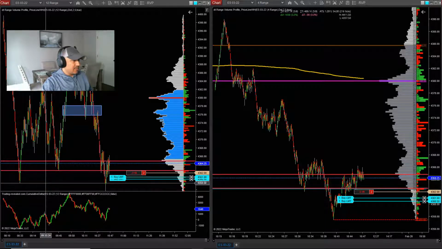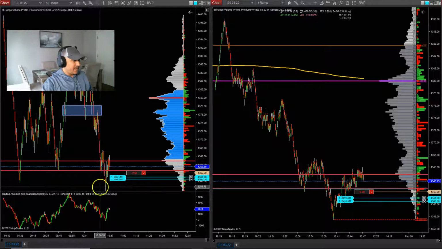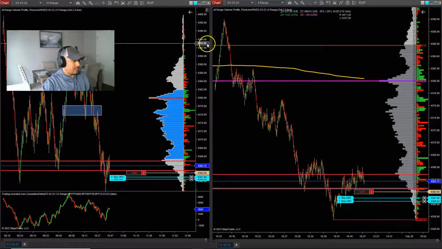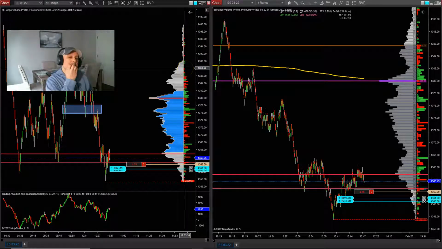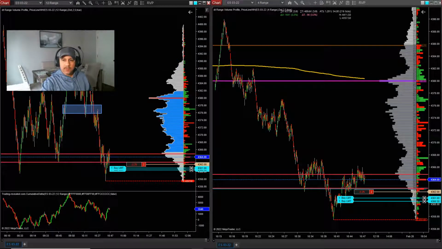If it really wants to break lower, it's going to have to break fully and close below 59.5, meaning that red candle closing below. And we've got to be careful.